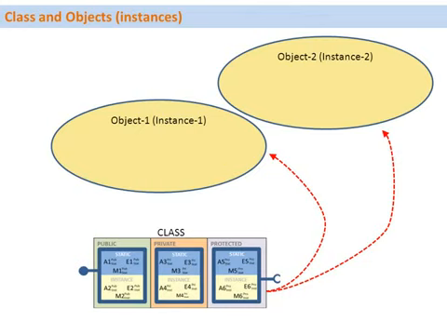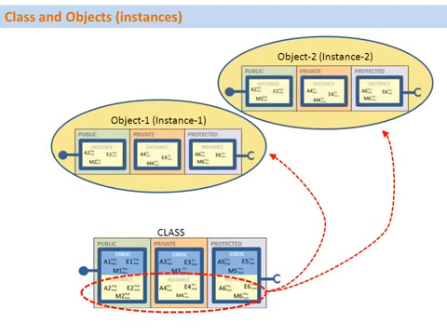What is very important to understand here is that when we create objects from a class, only the instance components of the class are replicated to these objects. So object 1 has its own set of instance components and object 2 has its own set of instance components. These are independent of each other.